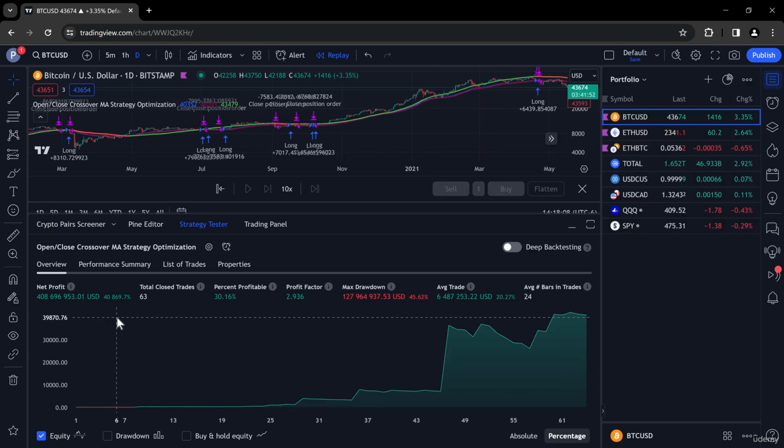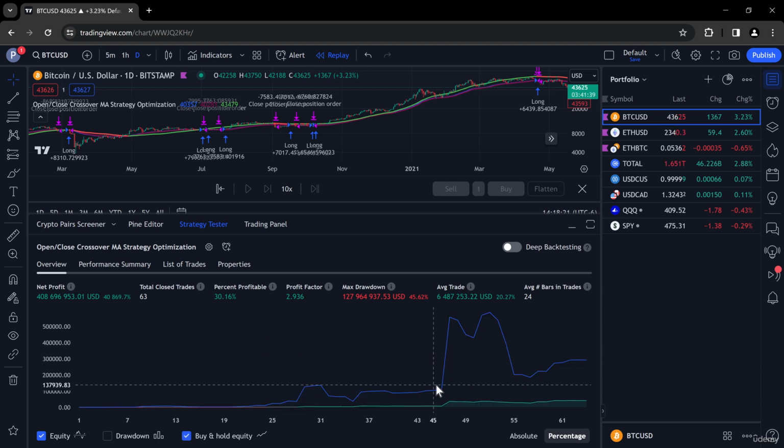So currently we have 40,000% net profit. However, if we compare this net profit to buy and hold, we can see that buy and hold, which is the blue line, generates essentially a higher profit. Therefore, we will try to optimize the strategy parameters so the performance of the strategy, and particularly net profit, becomes closer to buy and hold or even higher.